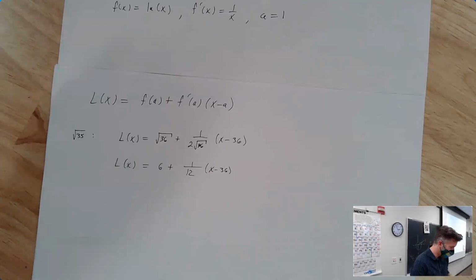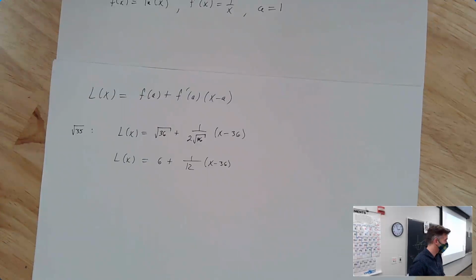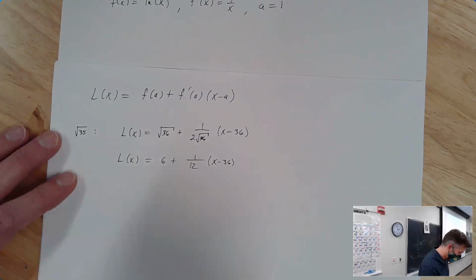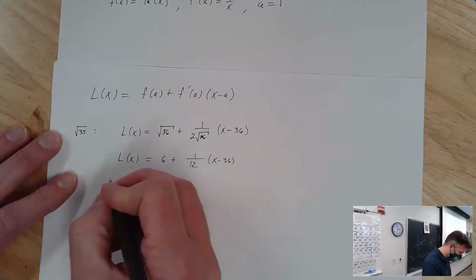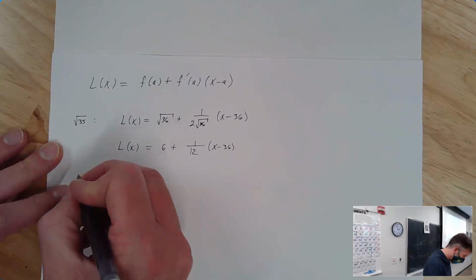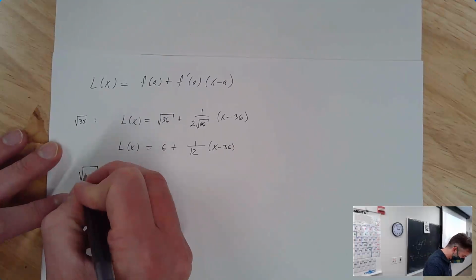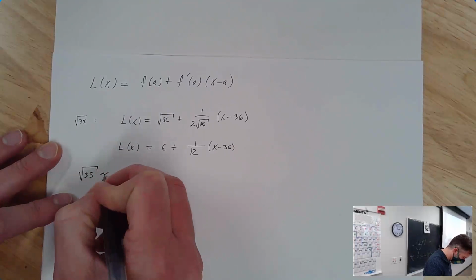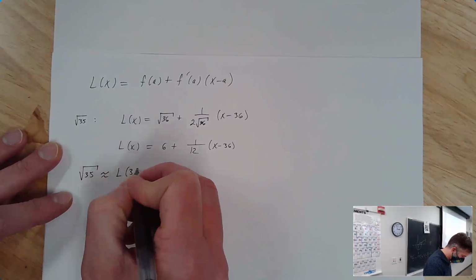Should I simplify that any further? Not really. I really don't think you want to. So if I'm going to find the linearization at 35, I'm going to write that the square root of 35 is approximately the linearization at 35.